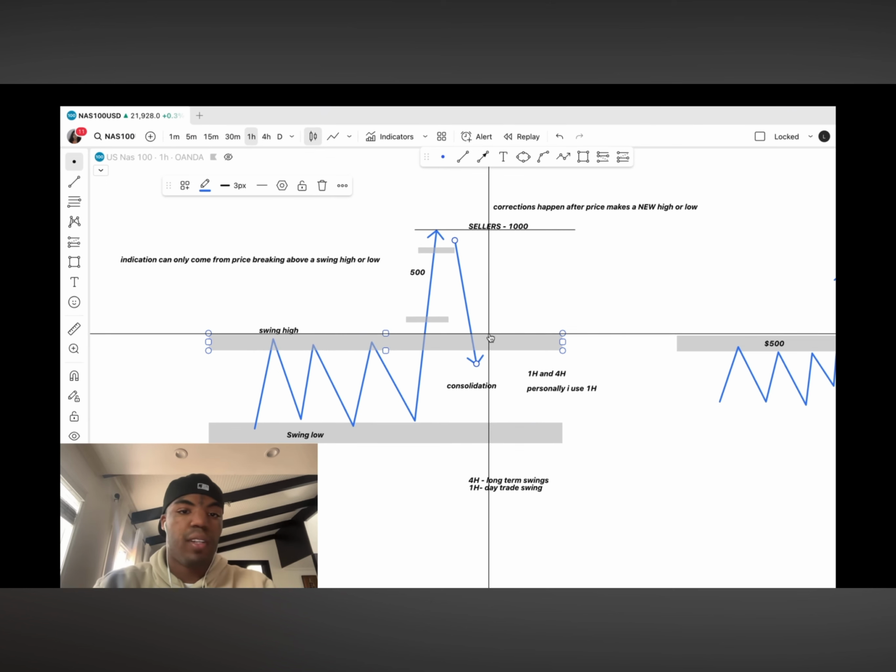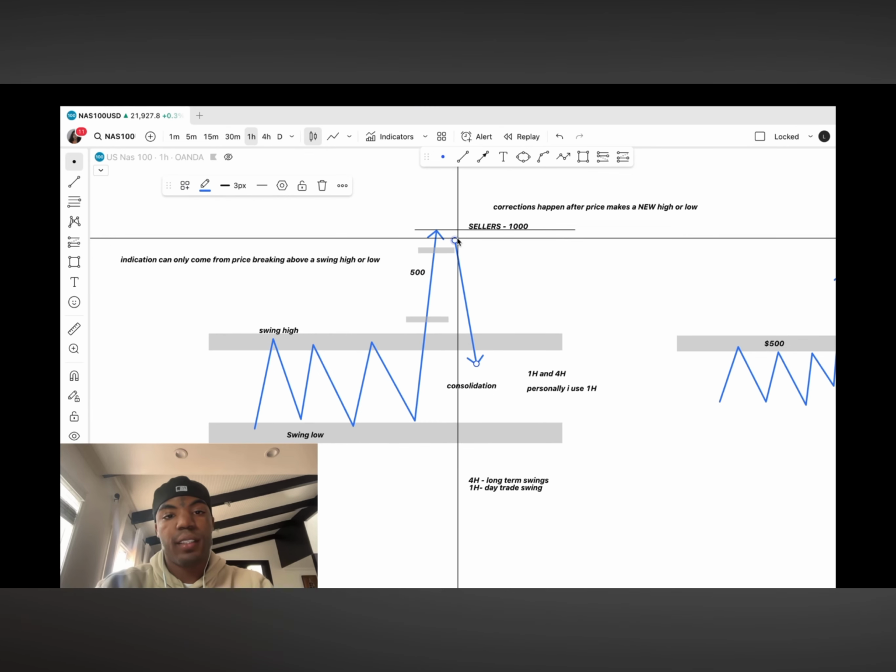That's going to be in the next video, but to explain consolidation or continuation, my apologies, to explain the correction, bro, so many C's: consolidation, continuation, correction. The correction is basically telling you the market is grabbing liquidity based off of people FOMOing into the market.